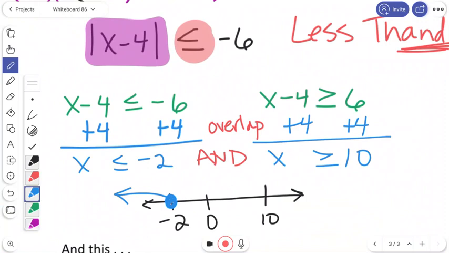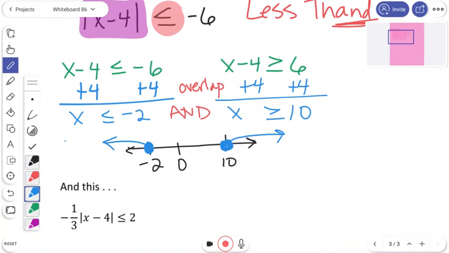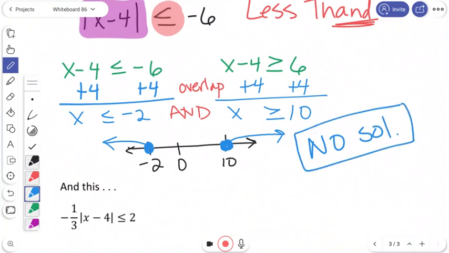And x has to be greater than or equal to positive 10. So there's positive 10, closed circle, but it's got to be greater than. Do you see any overlap on our number line? No, absolutely not. If there is no overlap, and we're supposed to have overlap, that means no solution. This is a special case. There is no solution to that inequality.